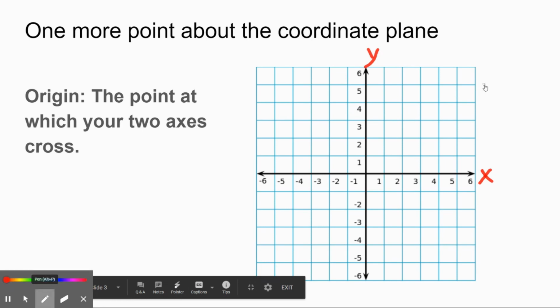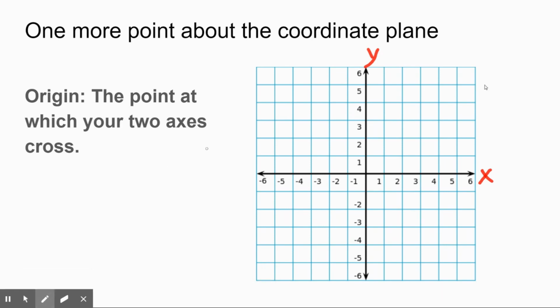The origin is the point at which your two axes cross, and that should always be right here, where both number lines have a value of 0. Now eventually when we talk about ordered points, this is actually the point (0, 0). But we're not going to worry about that just yet. We will get to it. But that is the origin right there where the two axes cross.